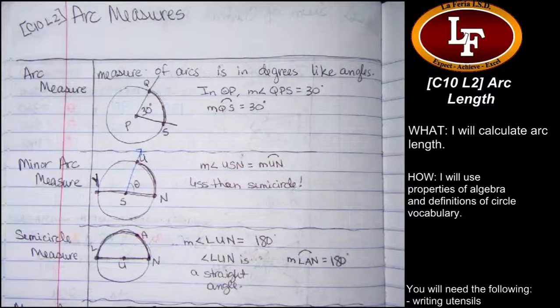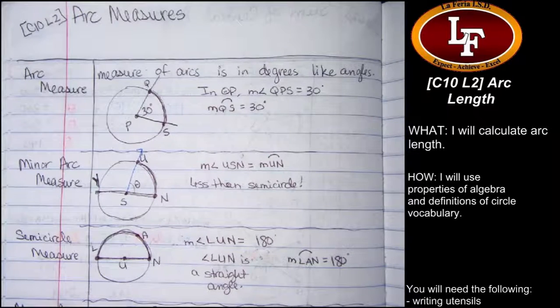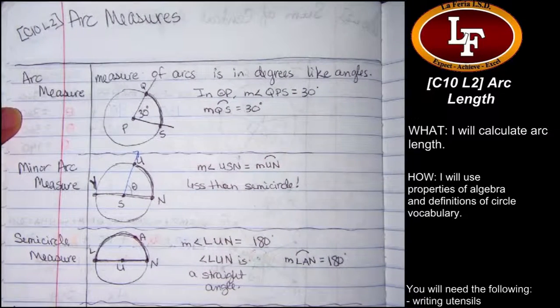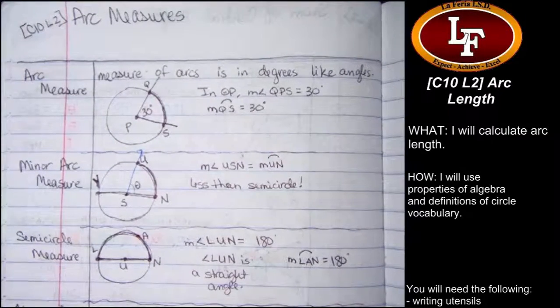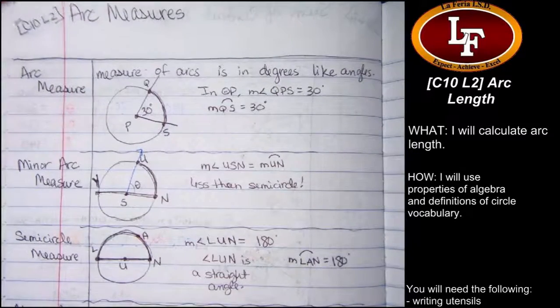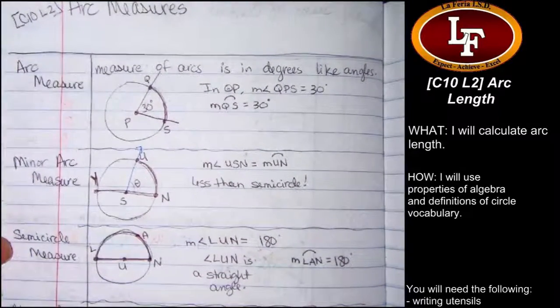We'll find later on, as we move into some special arcs, that there are different relationships when we've got different types of chords and inscribed angles creating these arcs. Right now we're going to start with the most simple case, when the arc is being created by some sort of central angle. According to the arc measure, when the arc is created by a central angle, the arc measure in degrees is going to be exactly the same as the central angle in degrees.